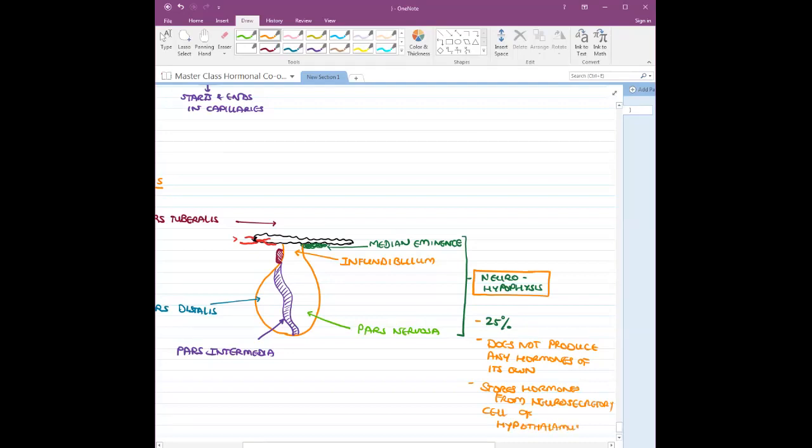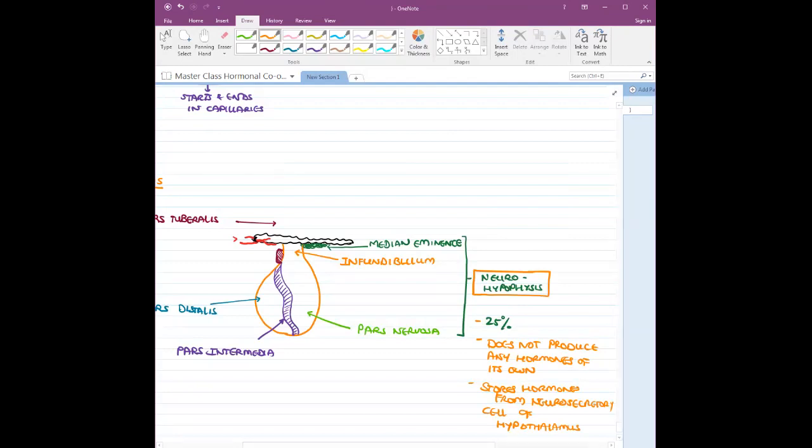One very important question asked in your NEET exam, guys: which part of the pituitary does not produce hormones of its own? This is going to be the neurohypophysis. It is a little trick question.